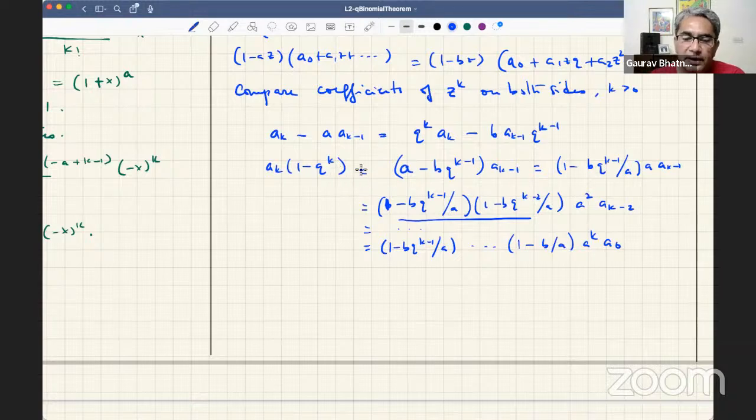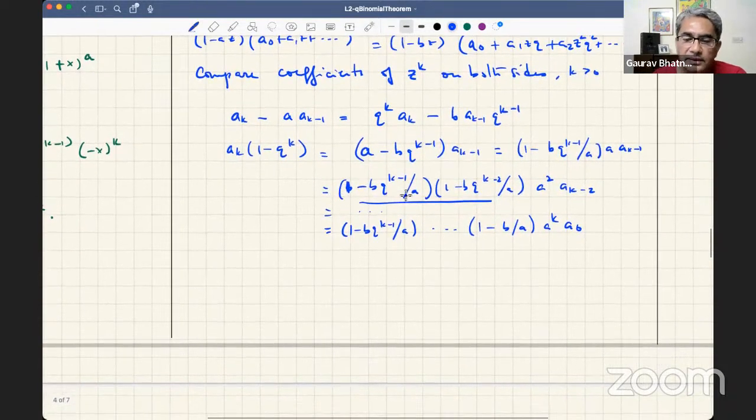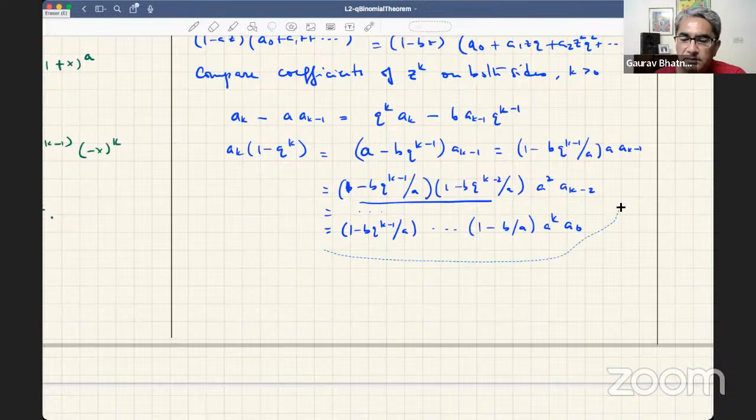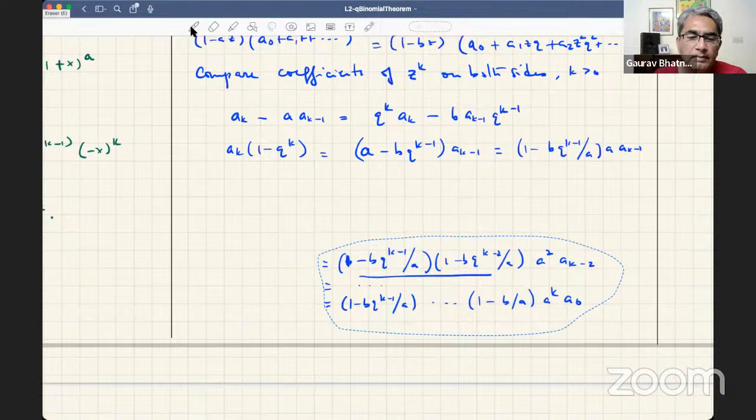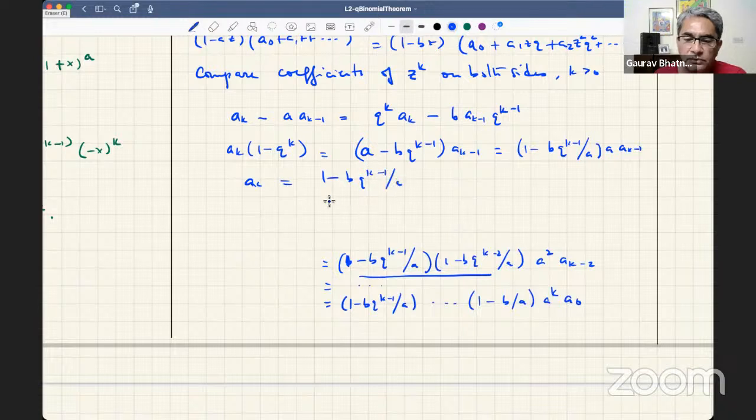So a_k is a times 1 minus bq to the k minus 1 over a, divided by 1 minus q to the k, times a_(k-1).